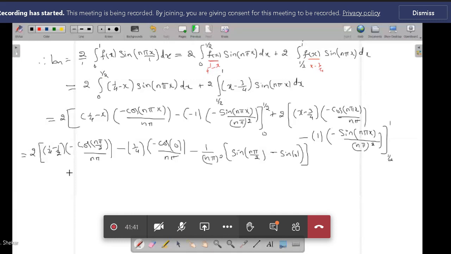Now put the upper limit, which is 1, so we have 1 minus 3 by 4 into minus cos n pi divided by n pi. Again minus, when you put the lower limit, 1 by 2 minus 3 by 4 into minus cos n pi by 2.